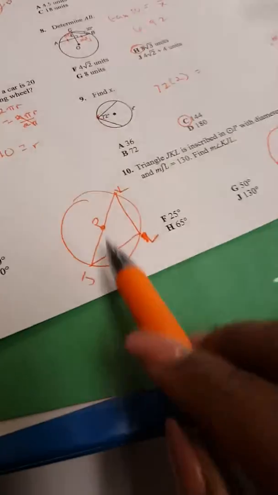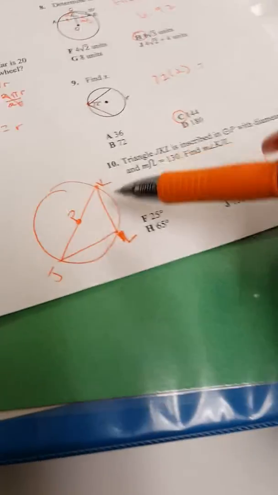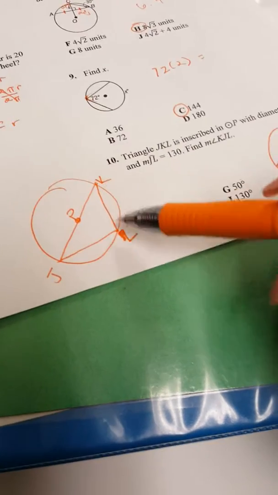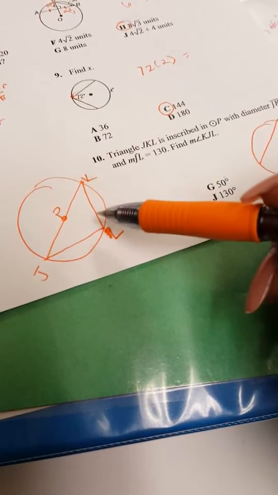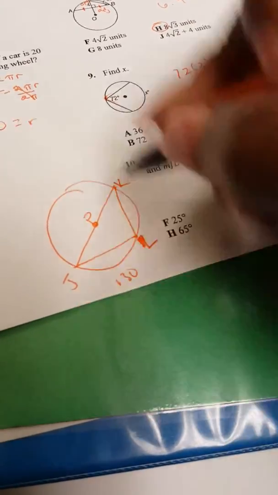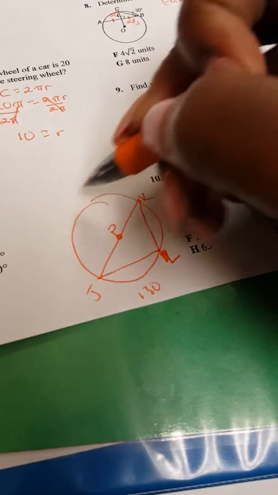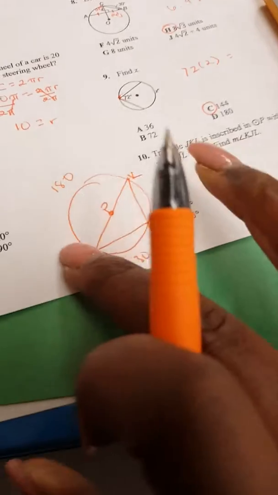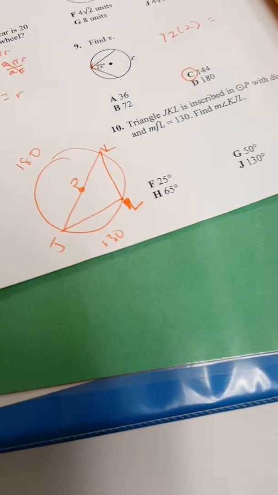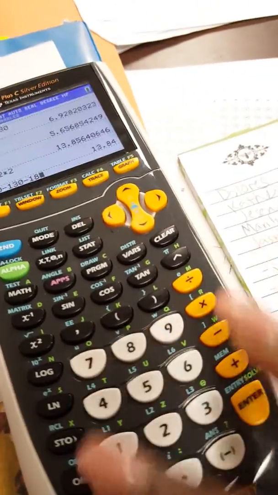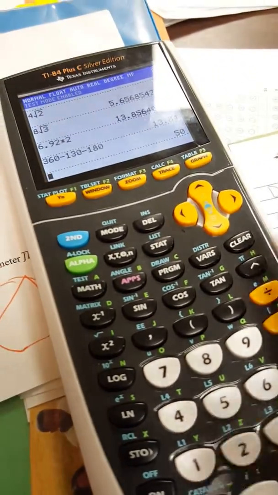Okay, I'm going to draw this picture. Hold on. Okay, it took me a second. I had to make sure I did what they said. They told me that JK was my diameter, so it had to come through here, and then I had to make sure I had an L. So then they told me that arc JL is 130. And since this is my diameter, this arc is going to be 180. So since the whole circle equals 360, I subtract 130 and 180, so that leaves me with 50.